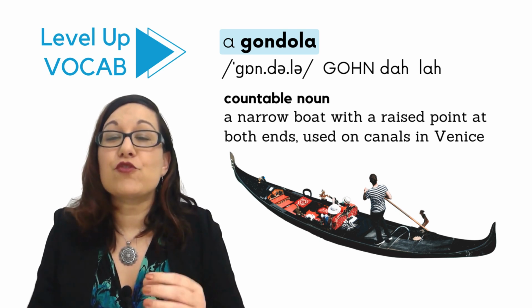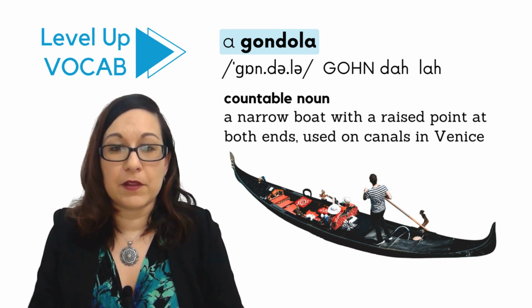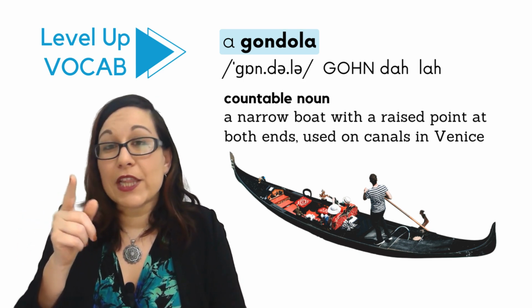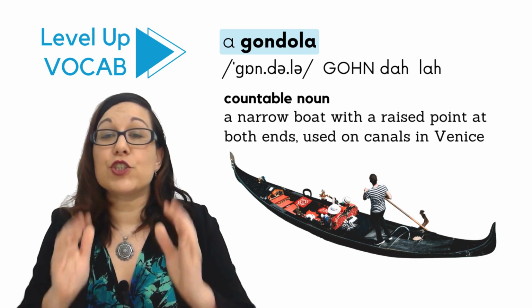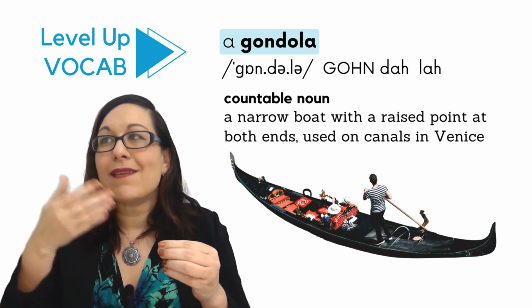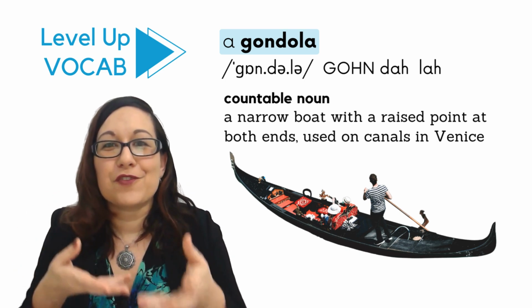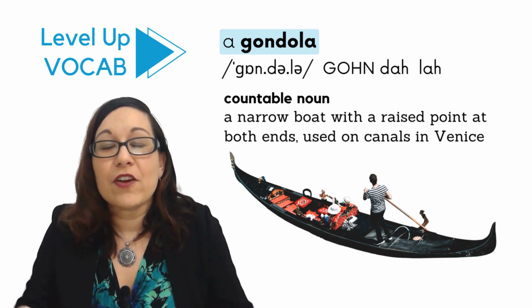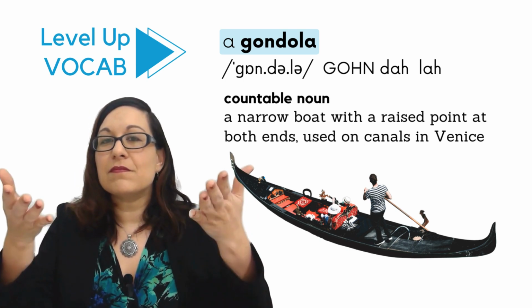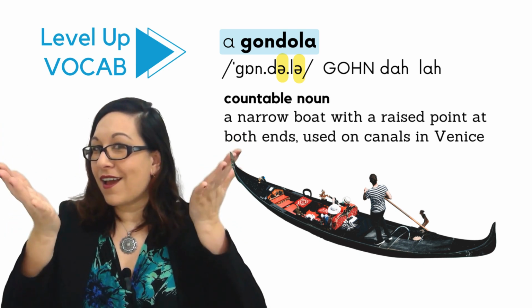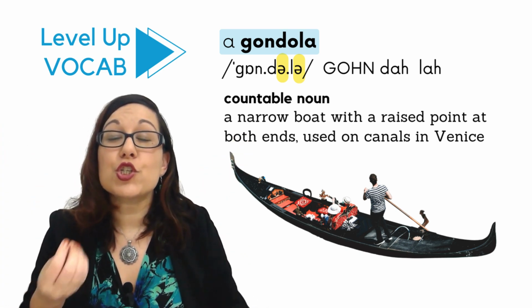Now, the stress is on the first syllable, gon-dola. Now, we learnt before that if you're stressing one part of the word, then it means the other parts of the word are not stressed. And what happens to those vowels when they are not stressed? What do they turn into? They turn into schwas.